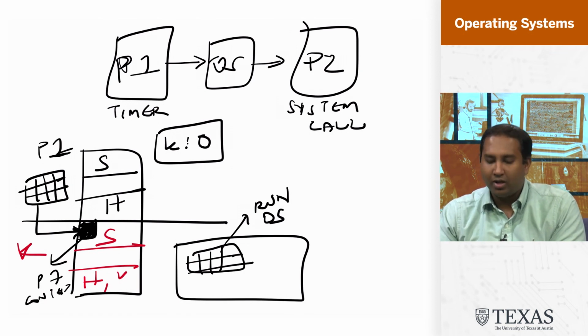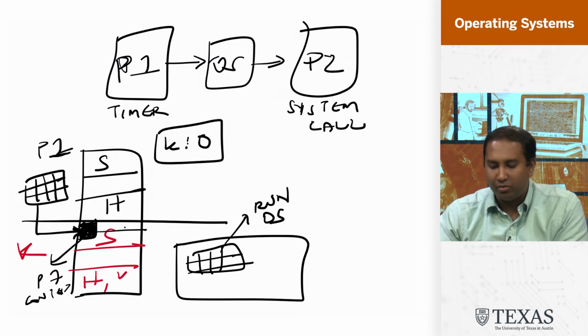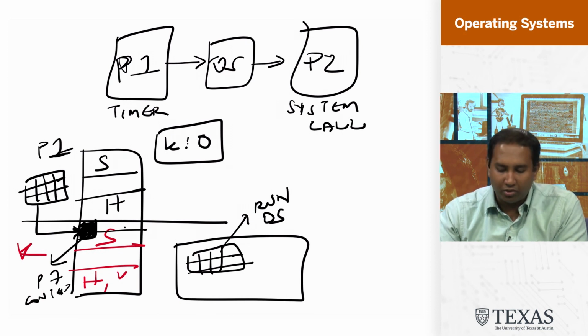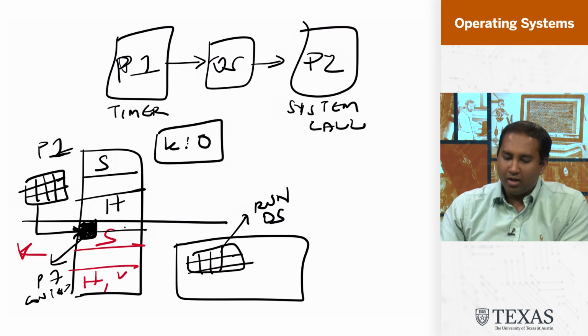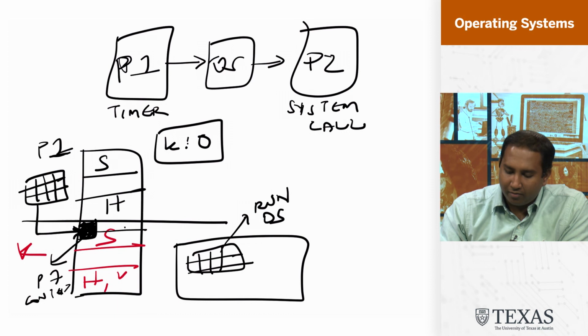Now the OS, when it's running, is going to use this stack. It's going to have different functions and run different things using this stack. Let's say it uses the stack to run a function foo, and then it decides that it wants to run P2. It's still in this part of the code. To run P2, you need to find on the stack where P2's context is.